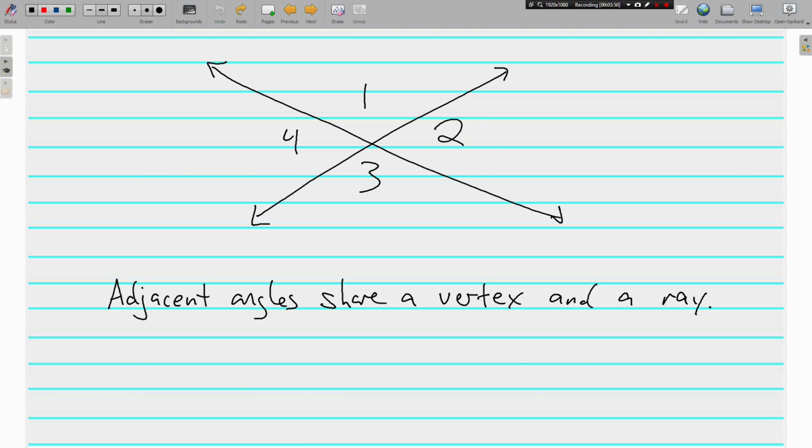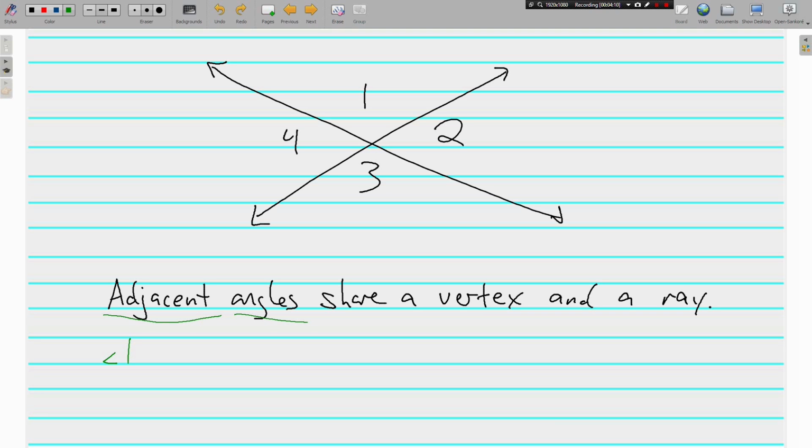Here we're going to talk about adjacent angles. Adjacent angles, I'll underline this in green, share a vertex and a ray. Let me show you one pair of adjacent angles.